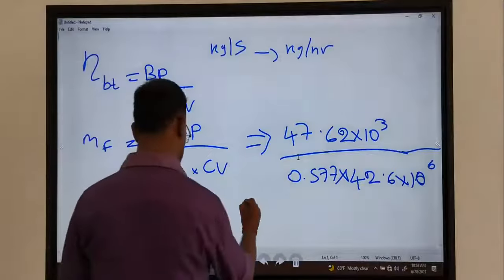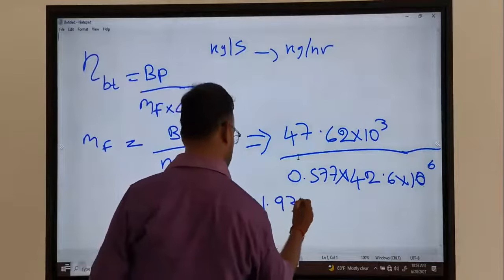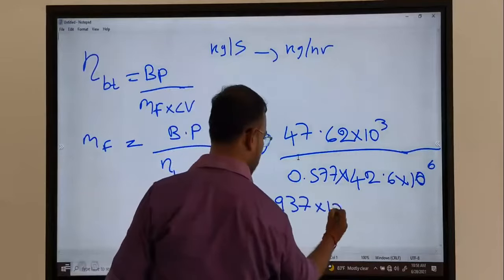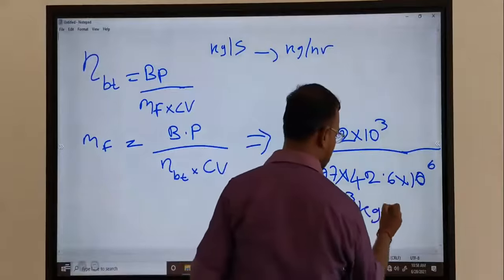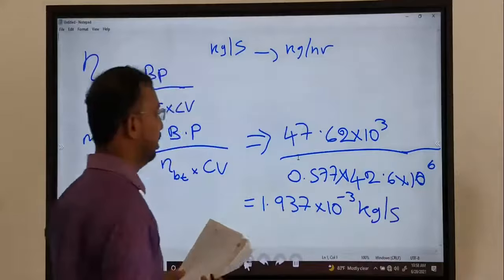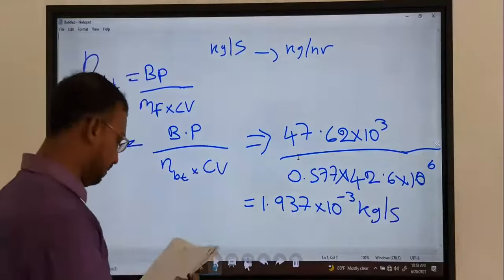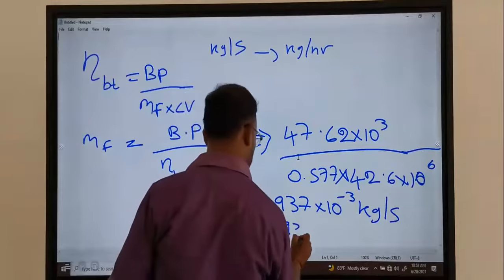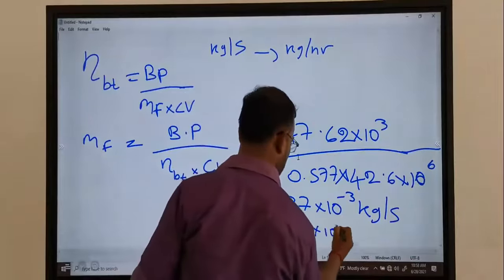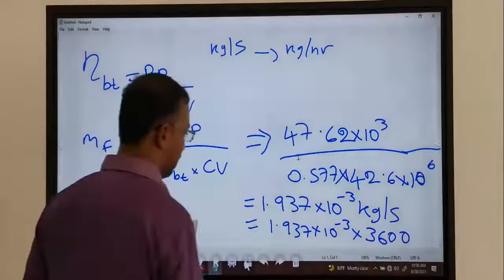So the value is 1.937 into 10 to the power minus 3. This is the value in kilogram per second, which we can get straight from this equation. Then we have to convert to kilogram per hour by multiplying by 3600.